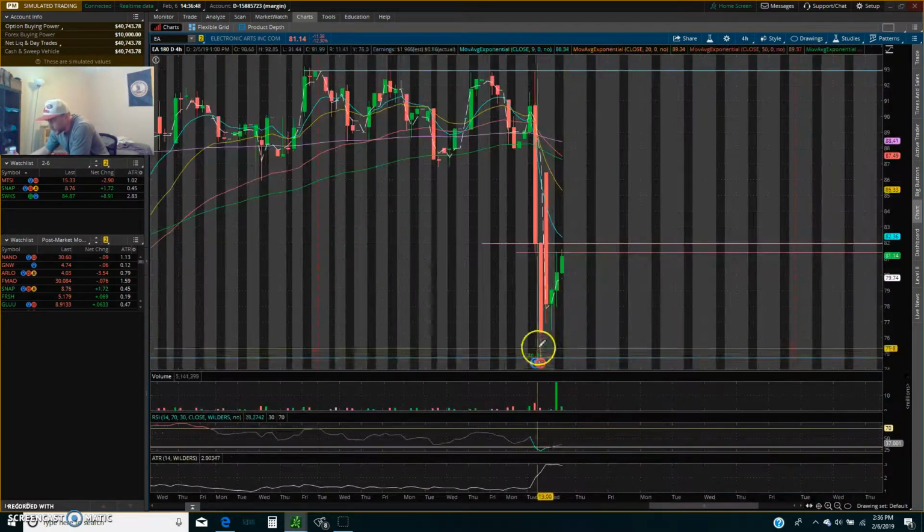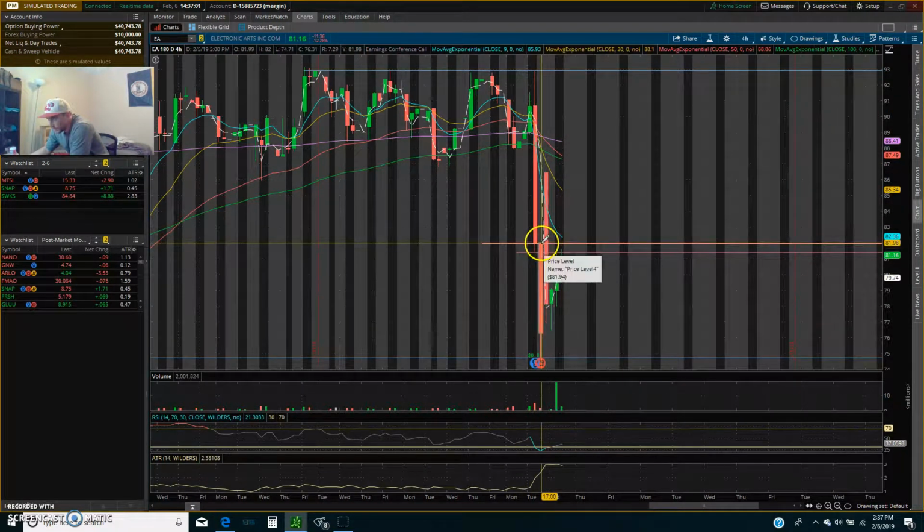This is also where it touched pre-market. I marked this level off here because it had sold off to here and stopped, and then it started at that level and sold all the way down. So sometimes that can be significant.